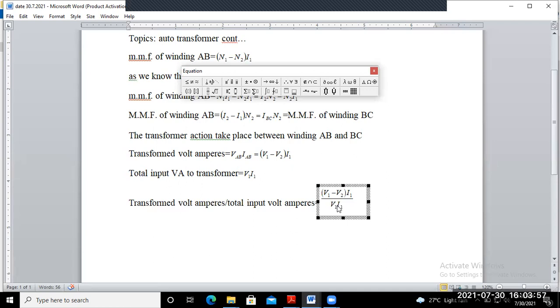From the previous relation, we can write K. So it is equal to 1 minus V2 by V1, equal to 1 minus K. So 1 minus K.